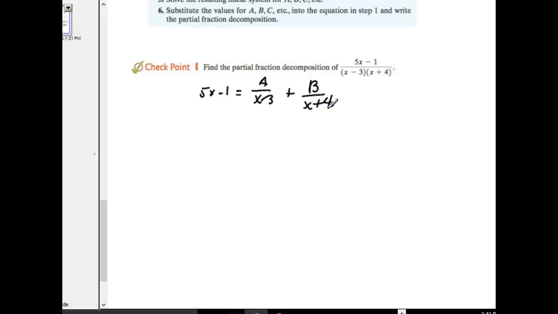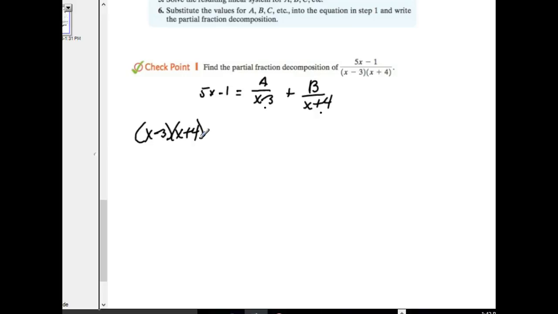And remember, ultimately we're trying to find what a and b are. Now, I'm going to take a shortcut, but what we're going to have to do to get rid of these two fractions on the bottom is multiply both sides by x minus 3 and x plus 4. That's what's going to get rid of the denominators there.